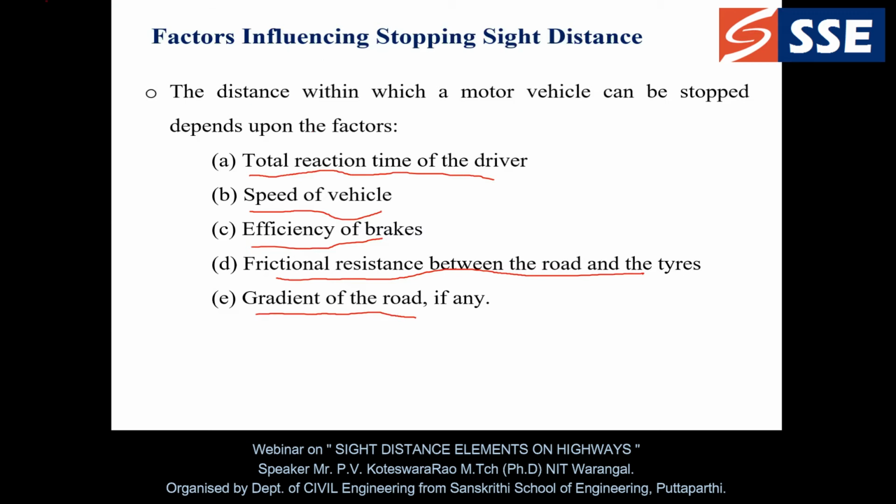Can anyone ensure that all the drivers have the same reaction time? For example, this is the road surface. We have vehicles here, three vehicles. This vehicle has applied the brakes first.